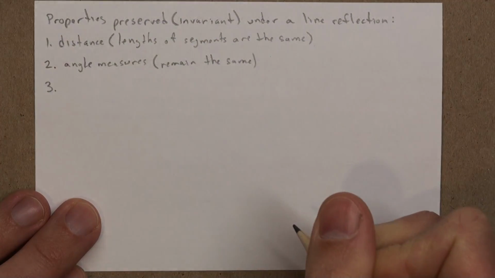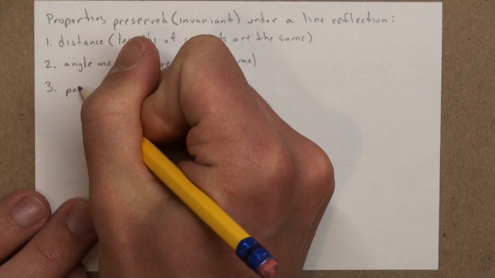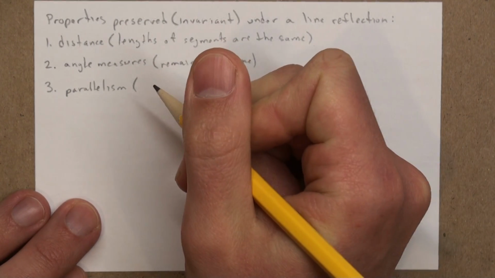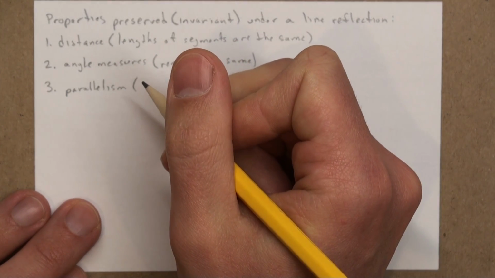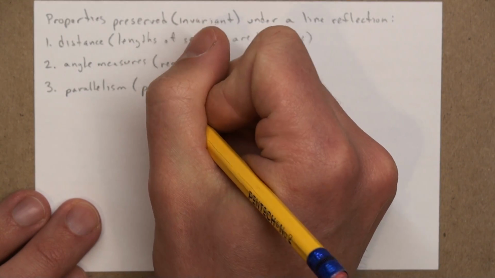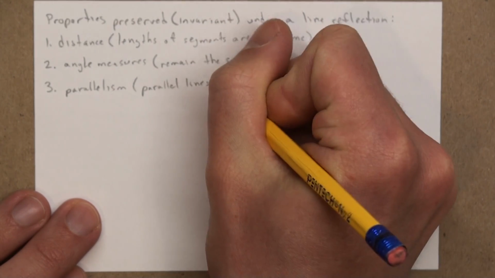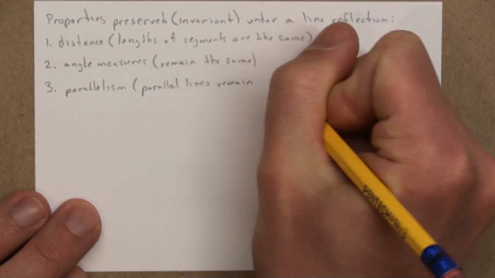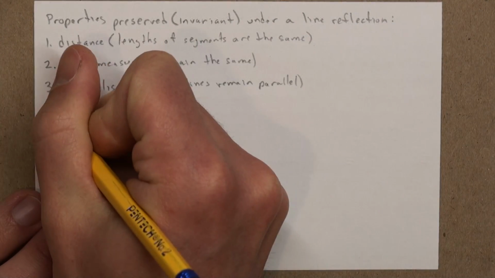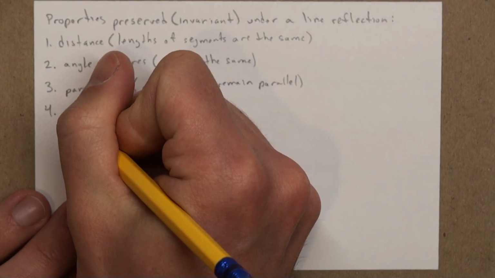Number 3, we have parallelism. And what we mean by that is that parallel lines remain parallel. We have collinearity.